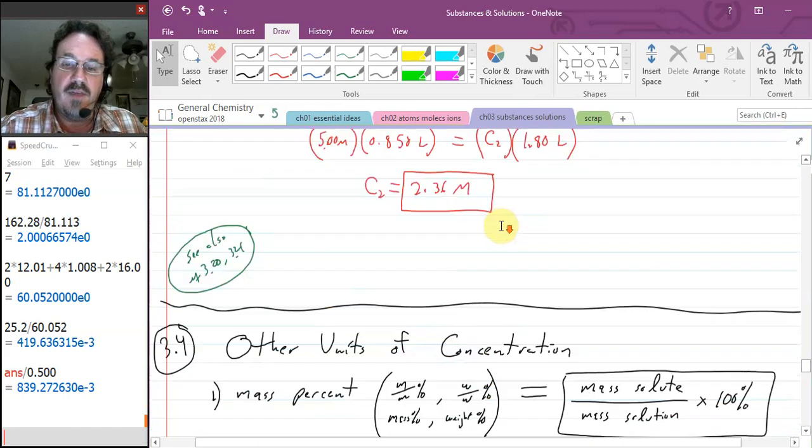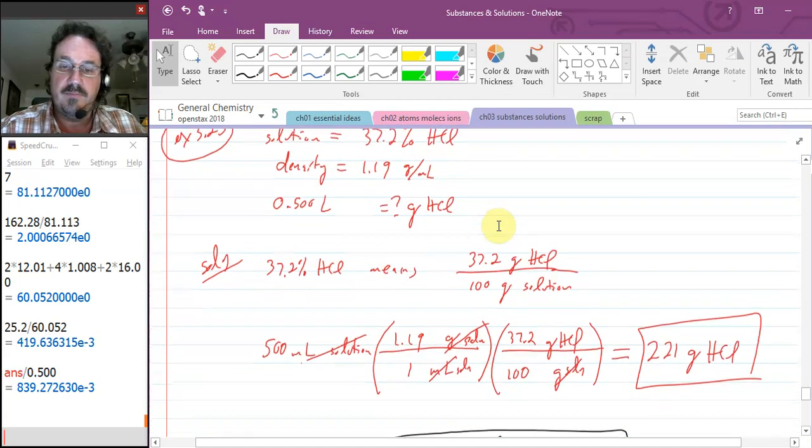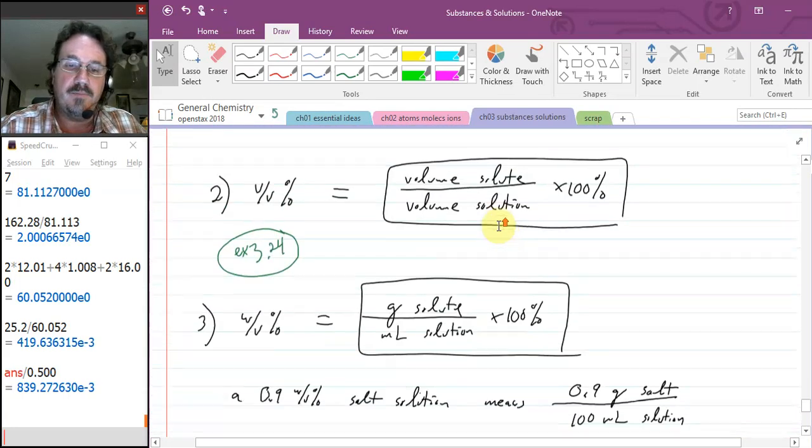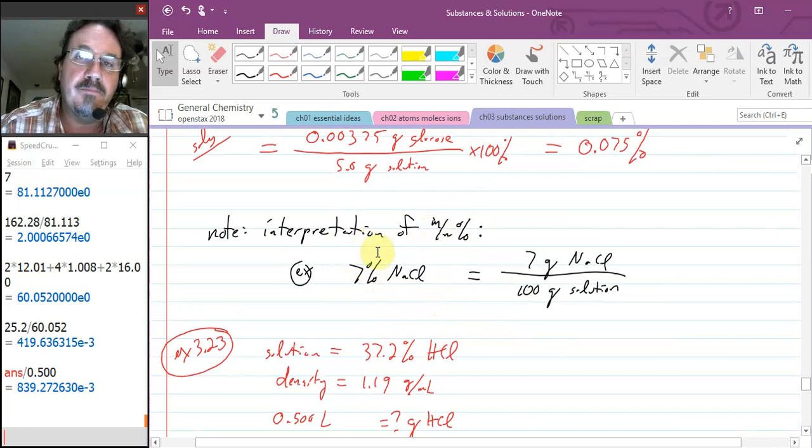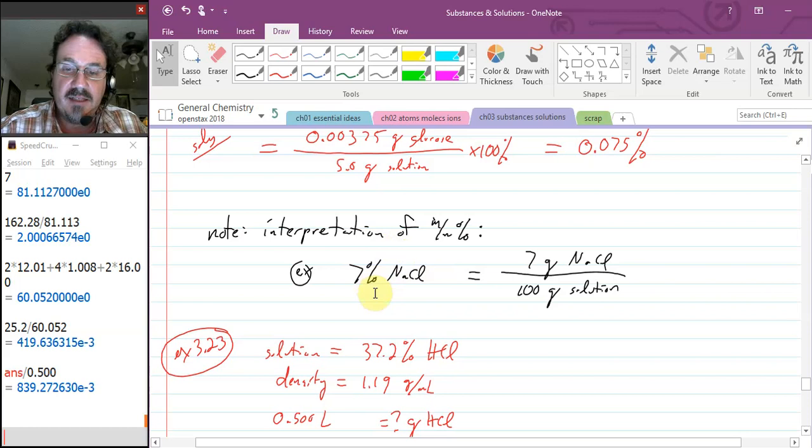Let's say, for example, they give us a 7% mass by mass percent of sodium chloride solution. I'm not going to just leave it like that. I'm going to interpret it. I know that means I've got a percent, that means per 100.